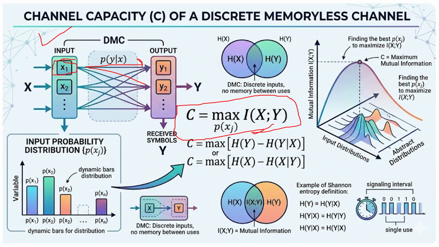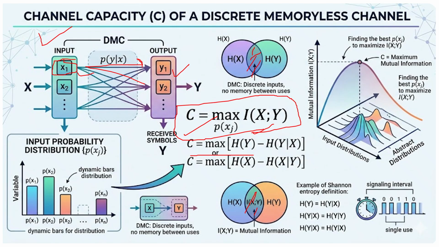So this is the conditional probability. We fix one input or one output, and corresponding to that the probability will be fixed. So the part which is common in both H(X) and H(Y) is the mutual information. Already we have discussed all this. Here the maximum possible value of the mutual information is the channel capacity, that's all, right?